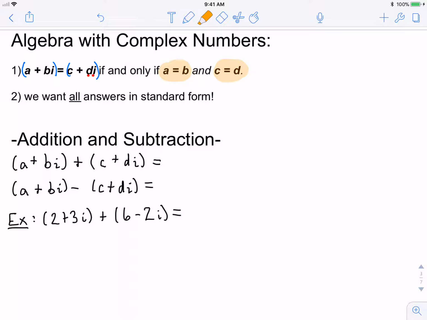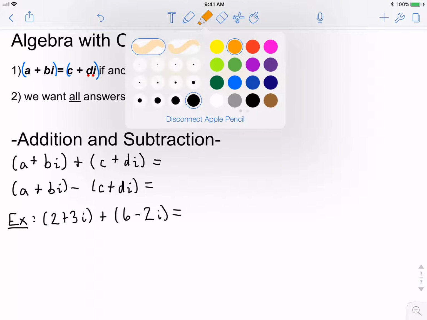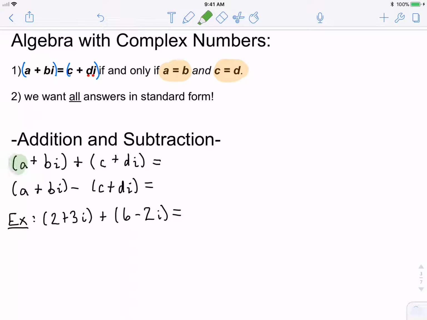Alright, with that in mind, let's get started. Addition and subtraction are actually pretty simple. Everything works quite nicely, and we can drop the parentheses here and start combining like terms. So we'll start by adding the real parts, and we'll get a plus c.